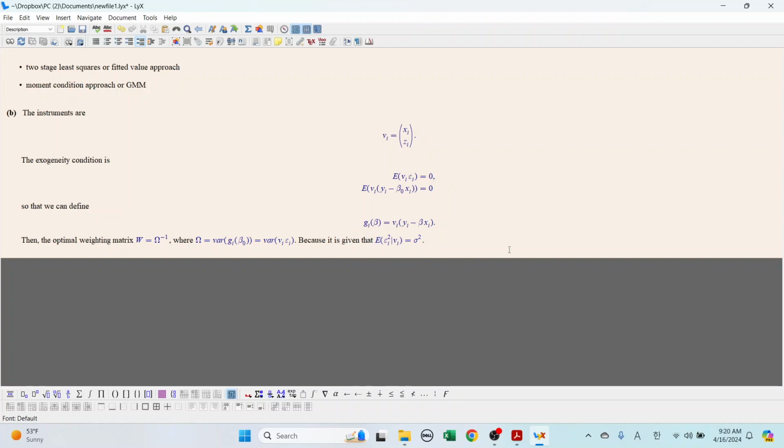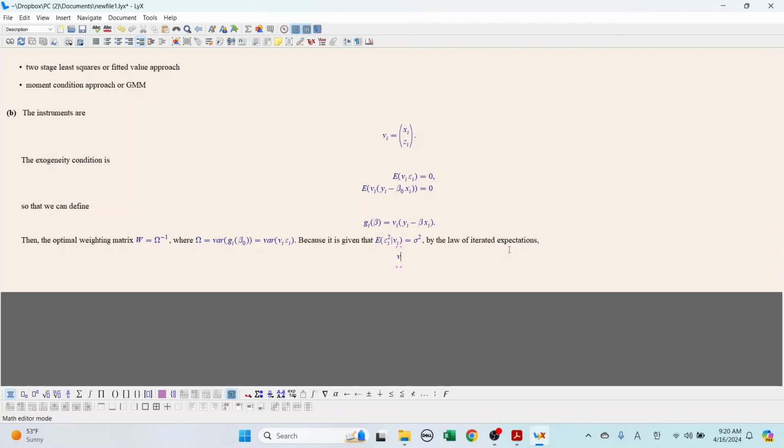So this is the homoscedasticity assumption, and because of this, by the law of iterated expectations, we have the variance of Vi epsilon i is this one, okay? This kind of algebra is well known from the OLS variance.